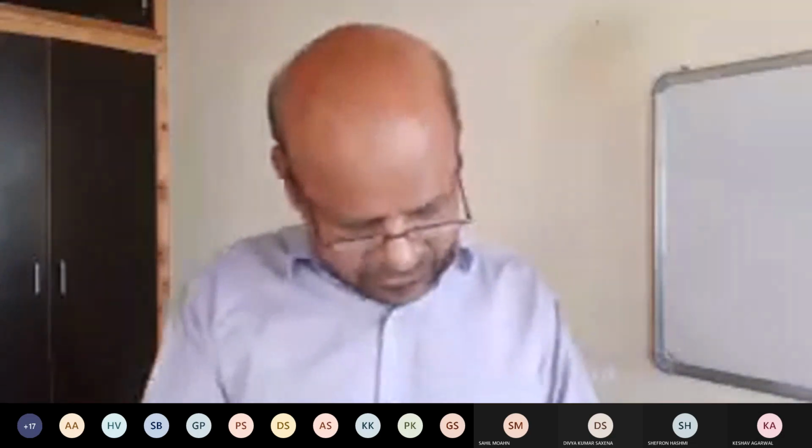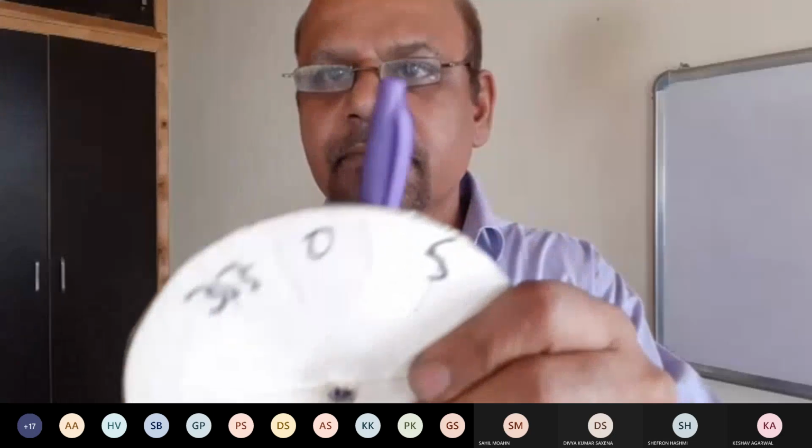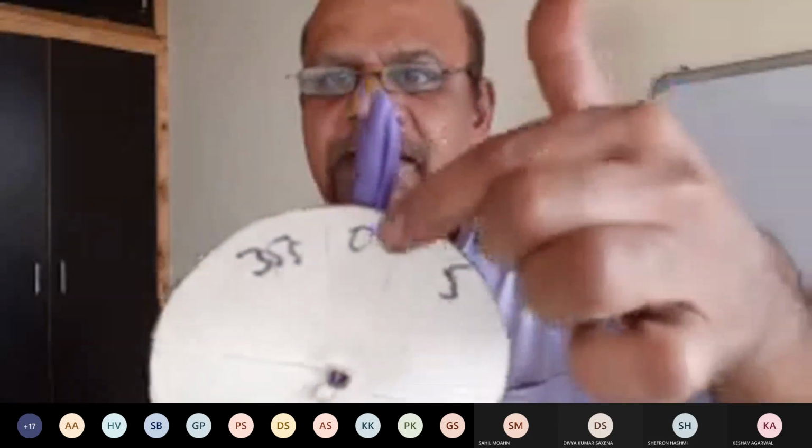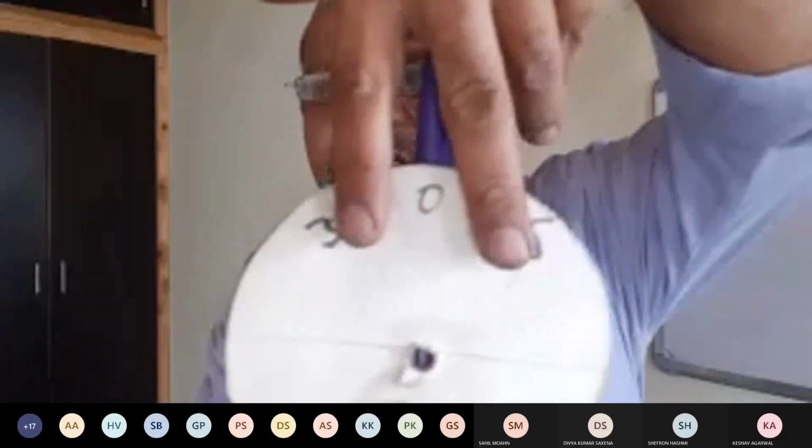So the spin axis is here. The compass card is at this place, and the lubber line and indications are like this.